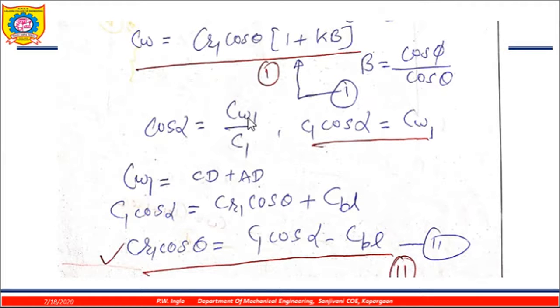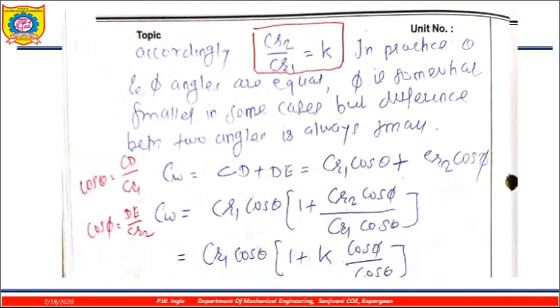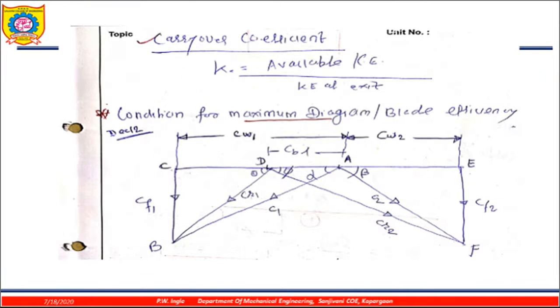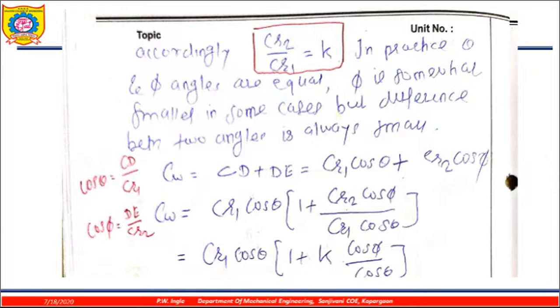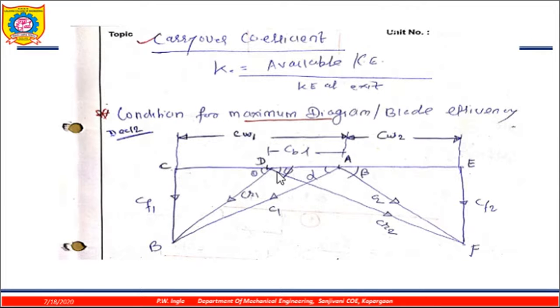Now again, cos alpha is CW1 by C1. You can refer to the velocity triangle. Cos alpha is adjacent upon hypotenuse.